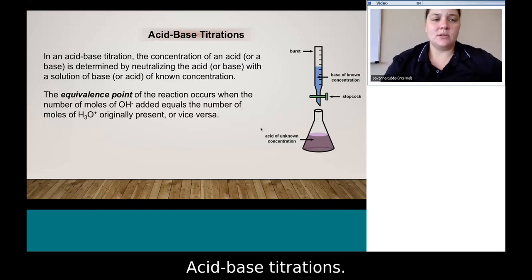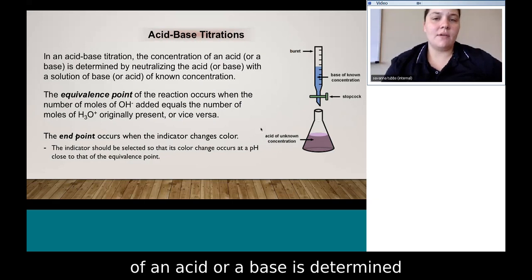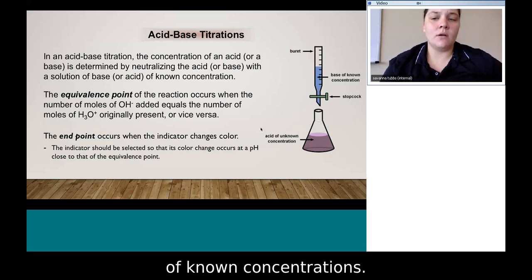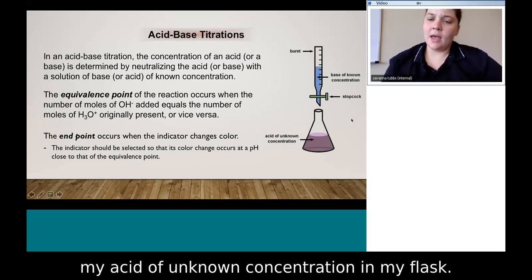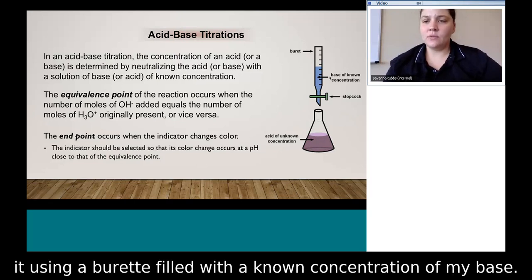Acid-base titrations. In an acid-base titration, the concentration of an acid or a base is determined by neutralizing the acid or base with a solution of base or acid of known concentration. So what this means is that, say I have my acid of unknown concentration in my flask, I'm going to titrate it, or neutralize it, using a burette filled with a known concentration of my base.